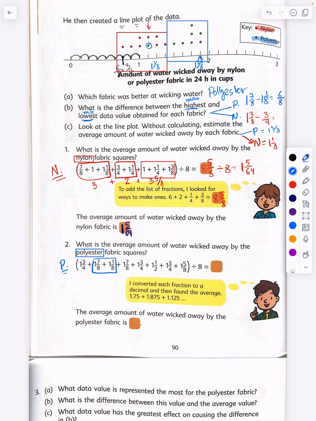I can tell you right away, I hope you're with me, that it already makes 3. Another strategy is to convert each fraction into its decimal. Another strategy is to add up just the whole numbers. So 1 plus 3 plus 1 plus 1 plus 1 plus 1 plus 1. Together we have 6 ones plus 3. We will definitely have 9 wholes plus.